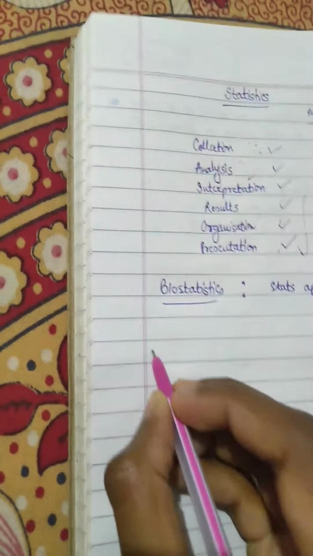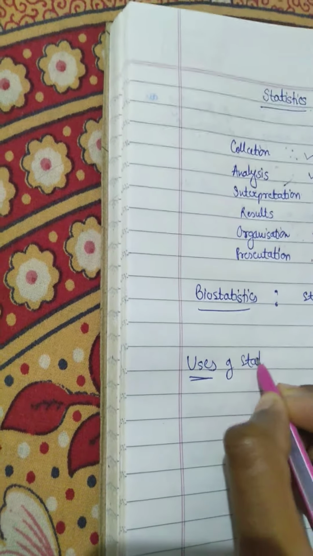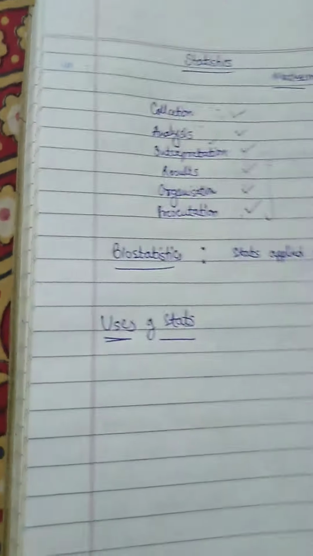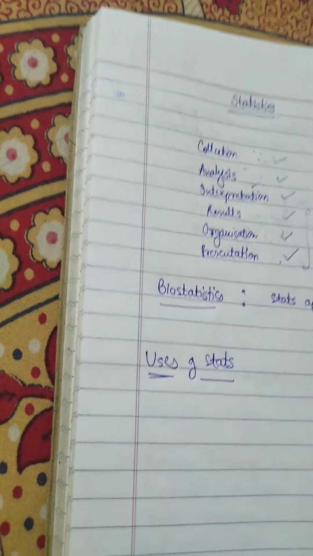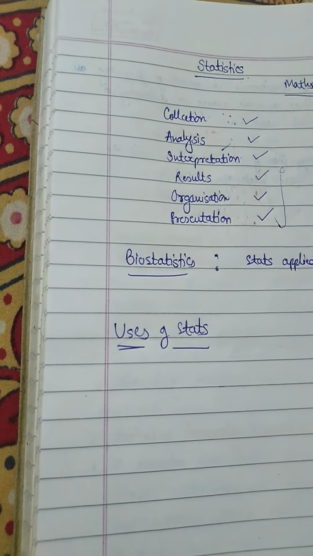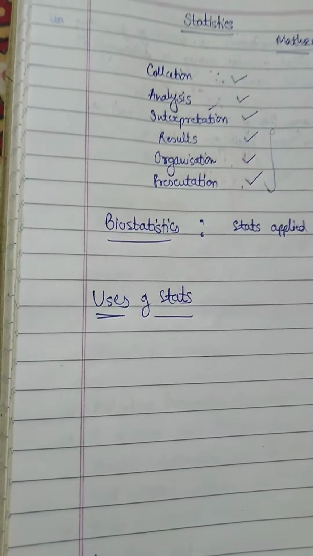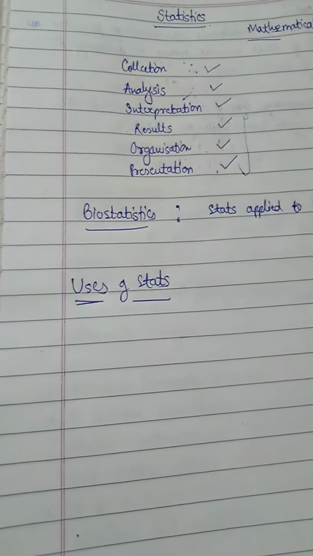Now, what are the uses of statistics in our field? The next topic is uses of stats. So why do we deal with stats? For example, you are going to collect the data from your study sample. For that you need to go to the setting and administer your tool to the study sample.